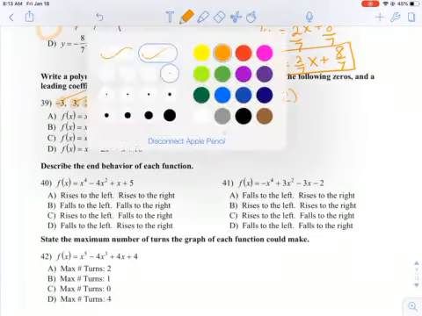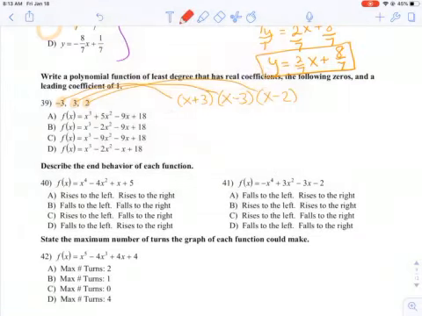So I would multiply the first two together because they're pretty much the same. Now you can multiply it like this, or you can just know that this is x plus 3 and x minus 3, so it turned out to be x squared minus 9. It's a difference of squares.